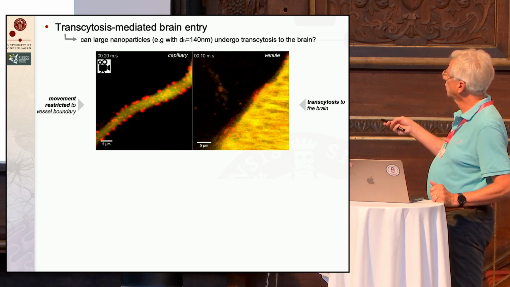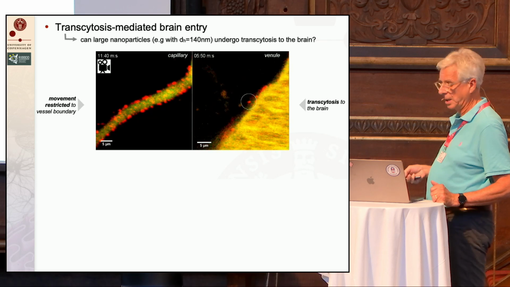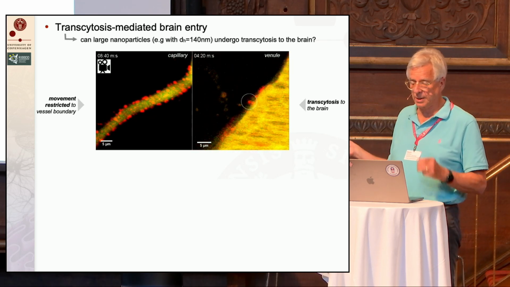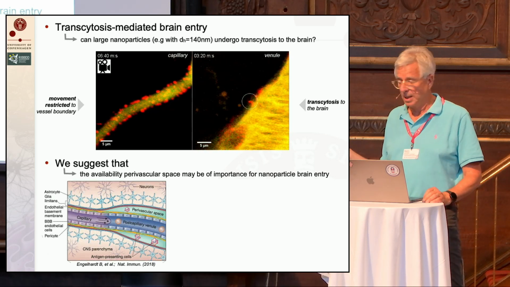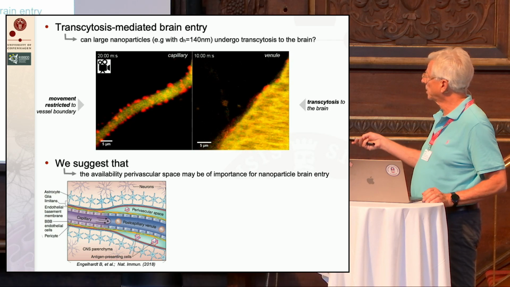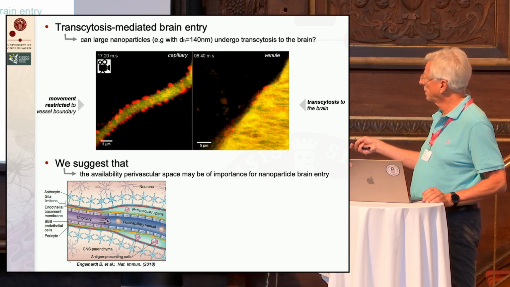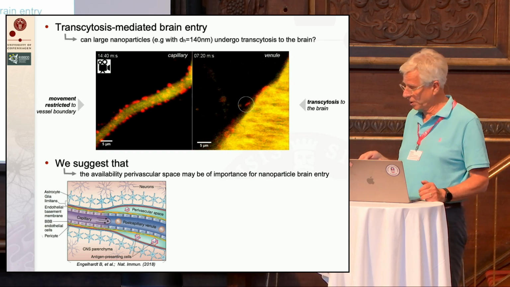And here you can see one nanoparticle getting to the surface of the brain endothelial cell and getting into the brain's extracellular space. And they do so mainly at the level of postcapillary venules. And this, we think, is because postcapillary venules have a large perivascular space, so there's a lot of room for the nanoparticles to get through.